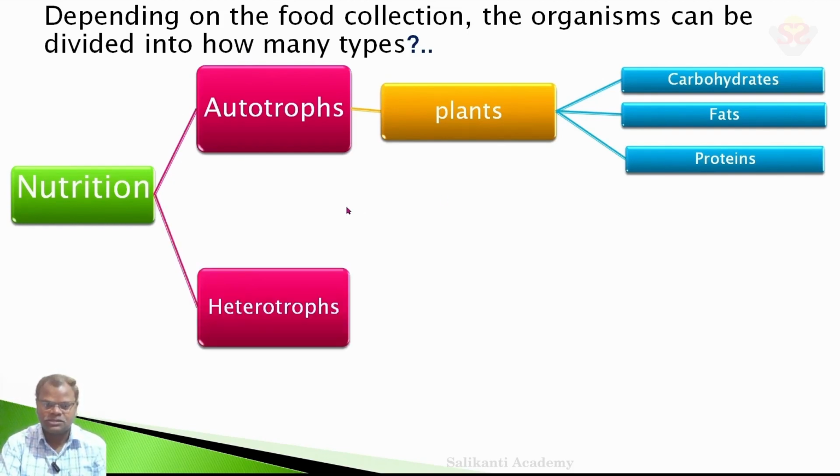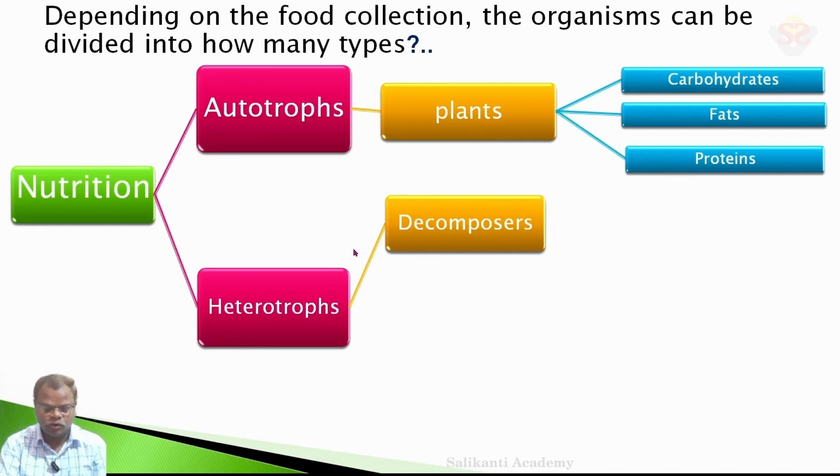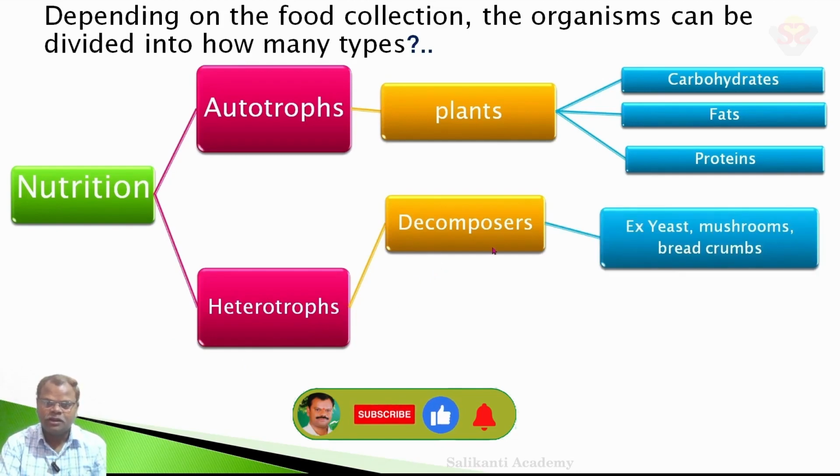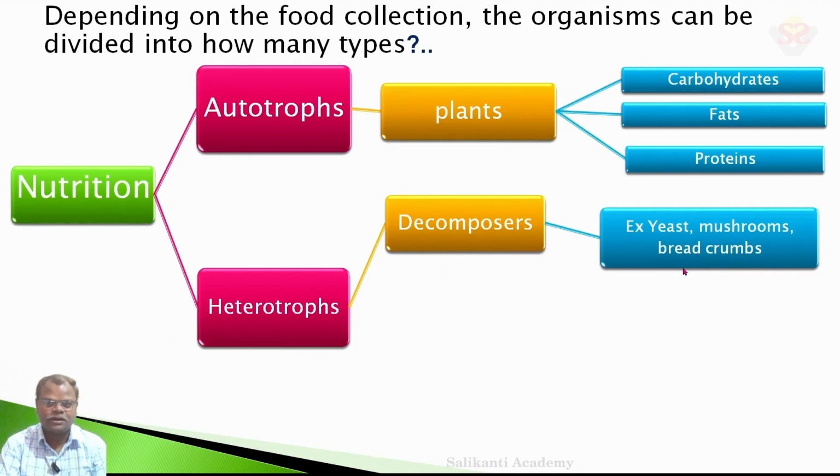Some organisms, for example animals and microorganisms other than plants, collect their nutrients from other organisms. Such organisms are called heterotrophs. For heterotrophs, examples are decomposers. Decomposers examples are yeast, mushrooms, bread crumbs, and parasites.